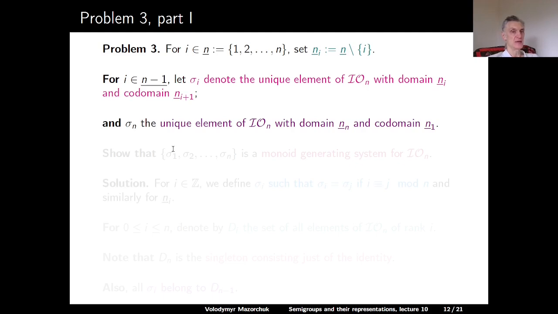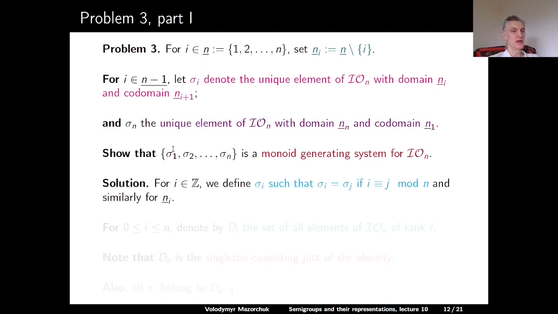And let sigma_n be the unique element of ION, whose domain is n underlined sub n, and codomain is n underlined sub 1. So now the problem is to show that the elements sigma_1, sigma_2, and so on, sigma_n, is a monoid generating system for ION.